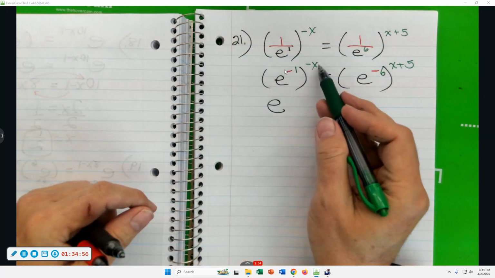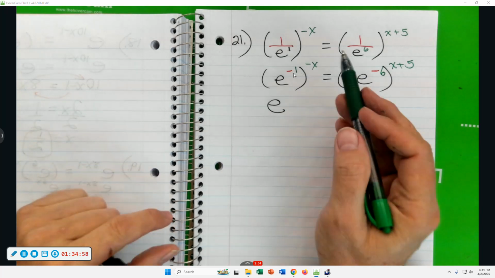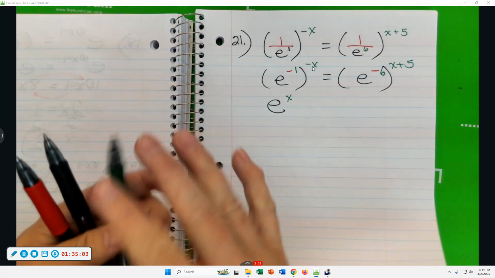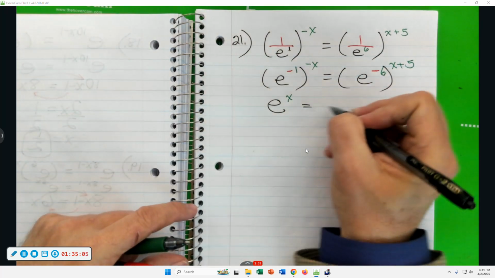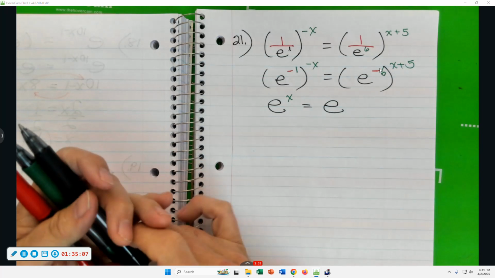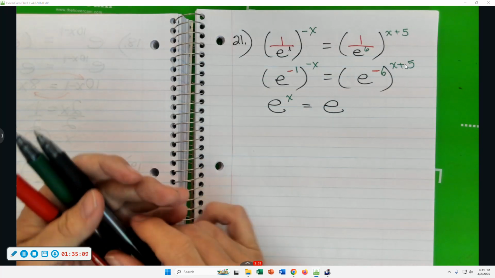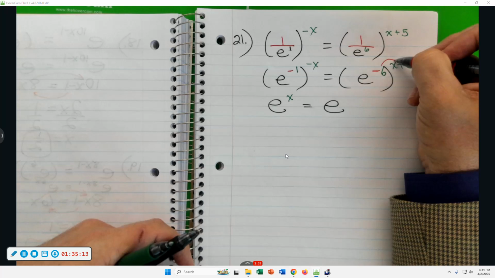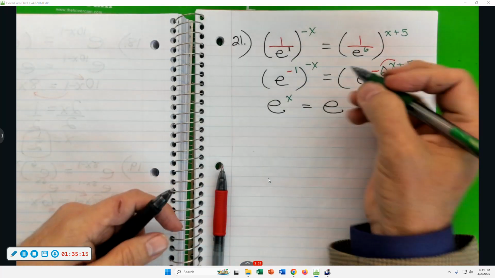What do we do here? Okay, negative 1 times negative x gives me a positive 1x. Over here? Okay, so you're distributing the negative 6 times x. That gives me a negative 6x.